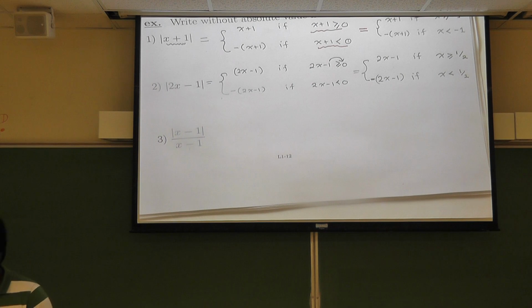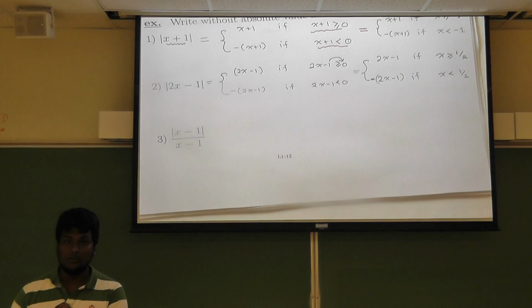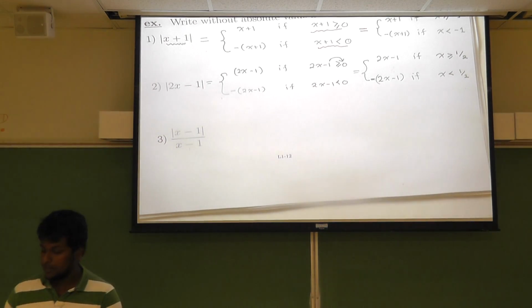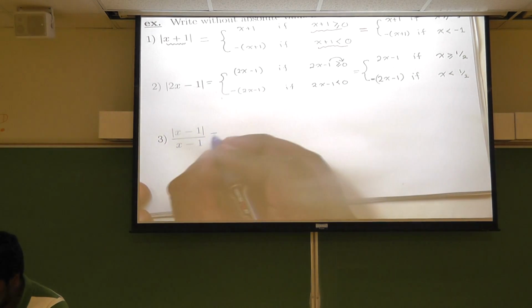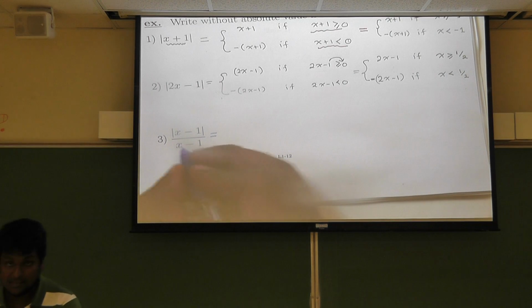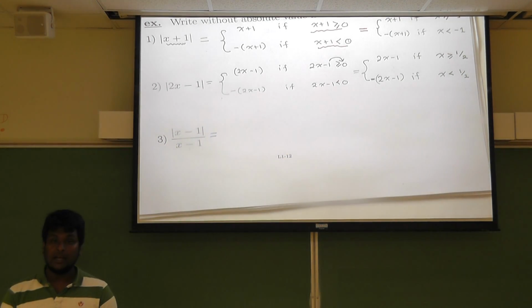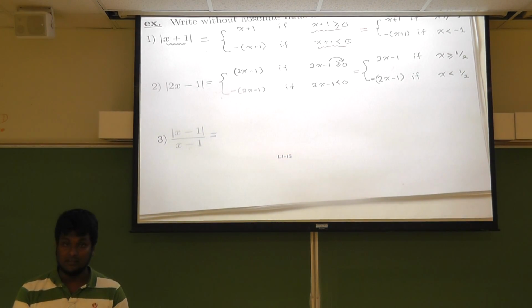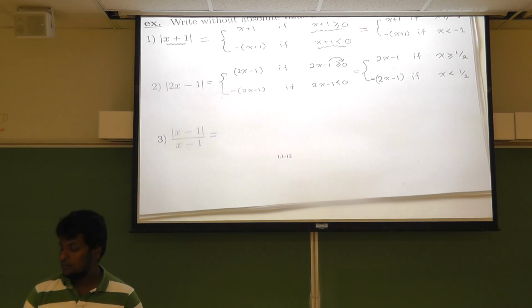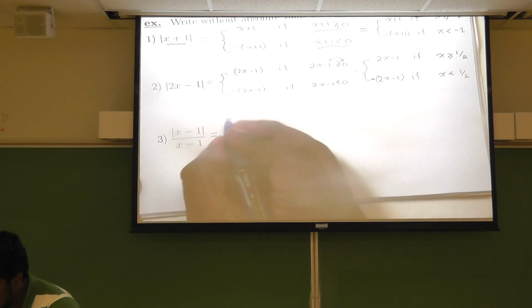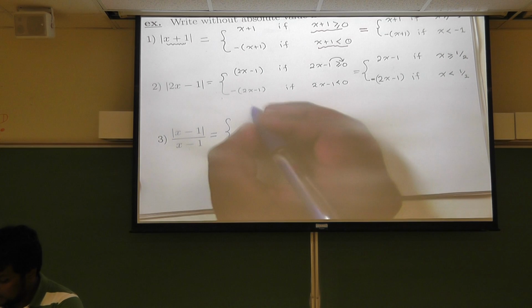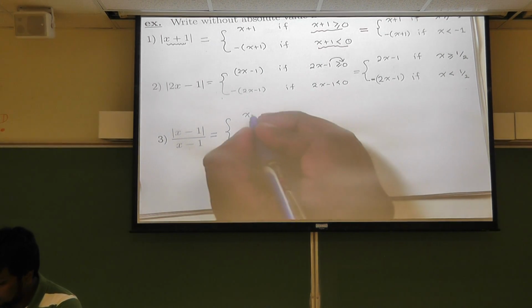Now again you have to split. But remember, you only split the absolute value. You don't split anything else. When something else is there, you can just write it down as it is. You don't do anything to that, but you will split the absolute value. Okay, so that would be x minus 1 over x minus 1.